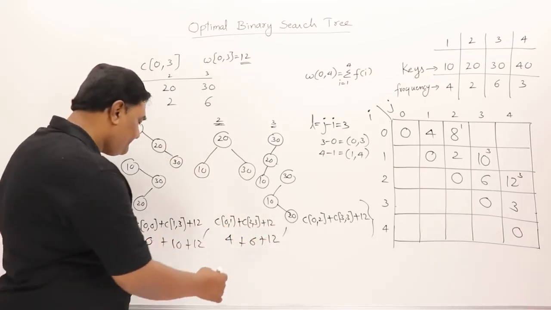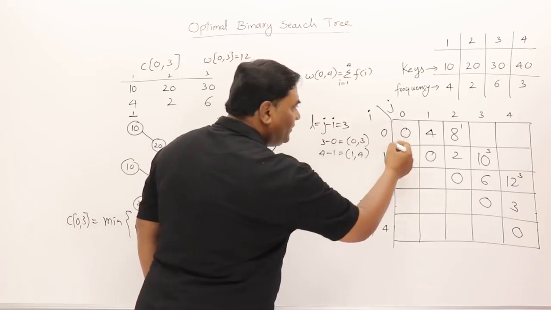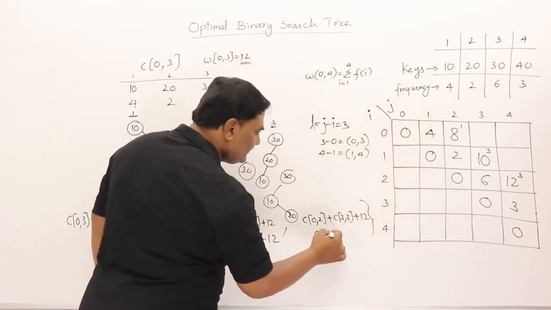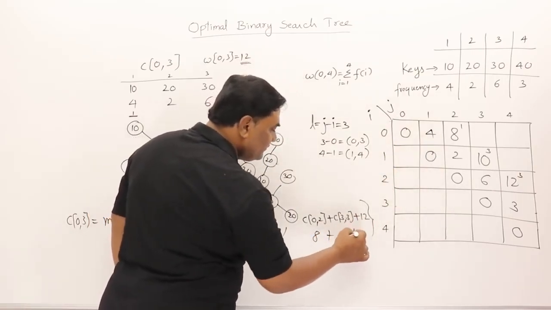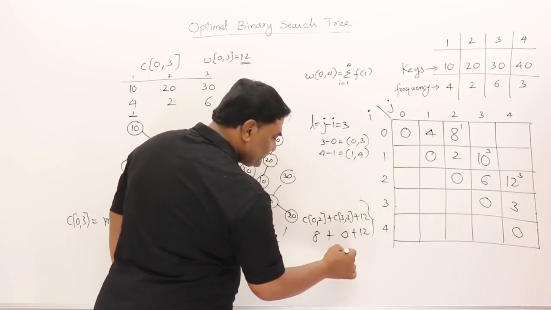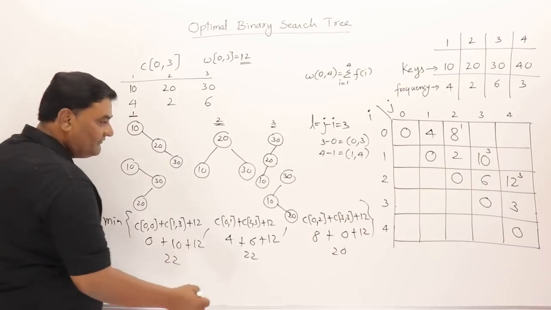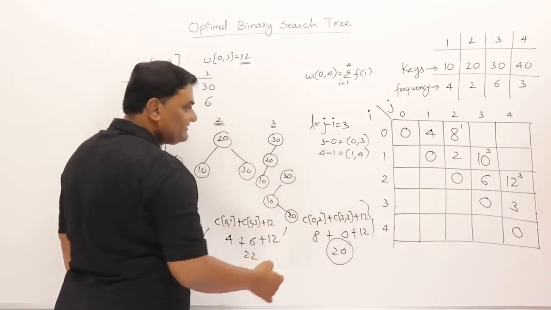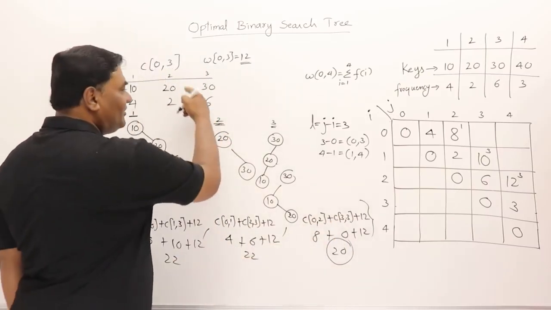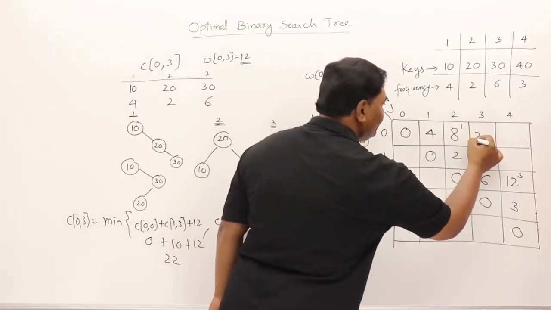So this is 22. Then 0 comma 2, how much? 8 plus 3 comma 3, 0 plus 12. This is 20. So 22 and this is also 22. Which one has given minimum result? This is 20. So 0 comma 3 is 20.